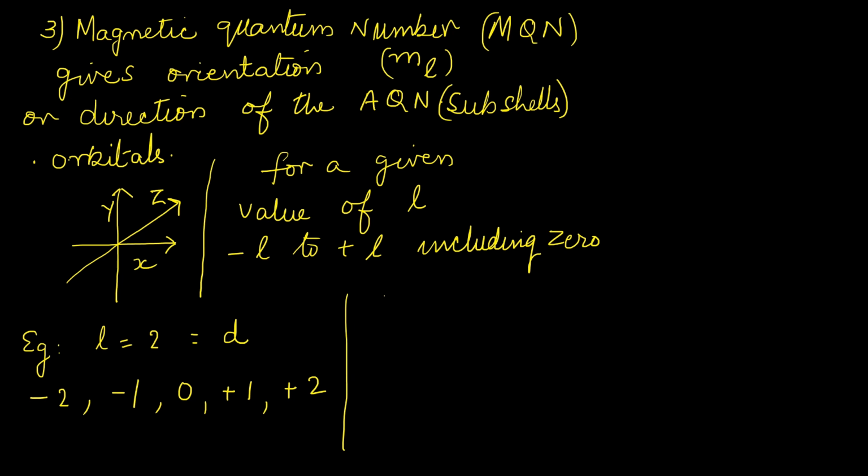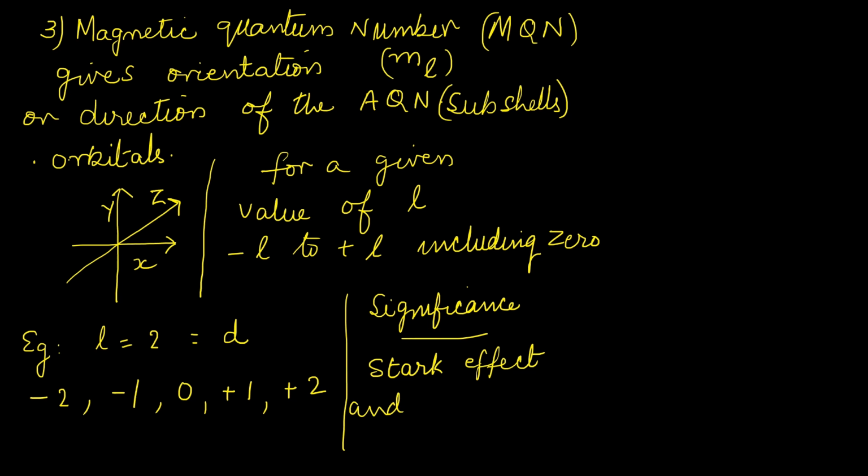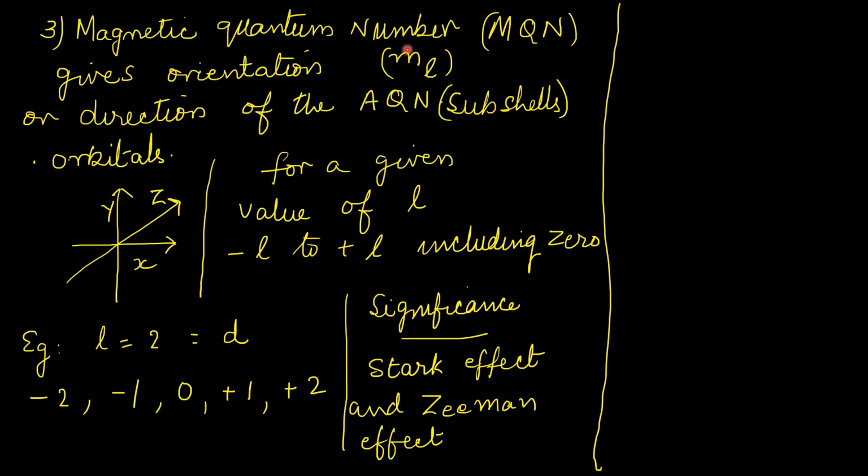Now let us see the significance of magnetic quantum number, or its importance, or what information it is providing. It helps to explain Stark effect and Zeeman effect, which Bohr atomic model could not explain with reference to hydrogen spectrum. What is the reason for the motion of these electrons in the orbitals, which we call magnetic quantum number?